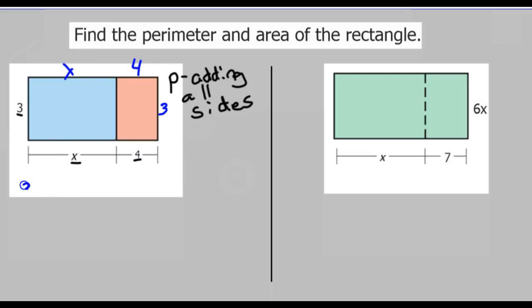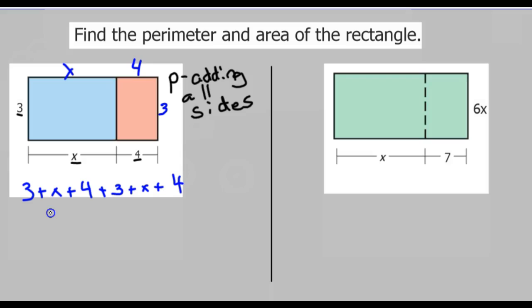So we're going to add 3 plus x plus 4 plus 3 plus x plus 4. I think we got all our sides. 3, x, 4, 3, x, 4.